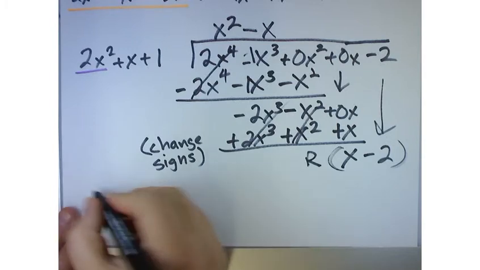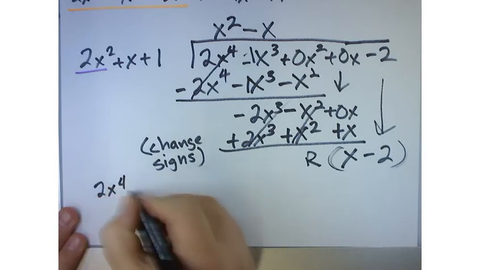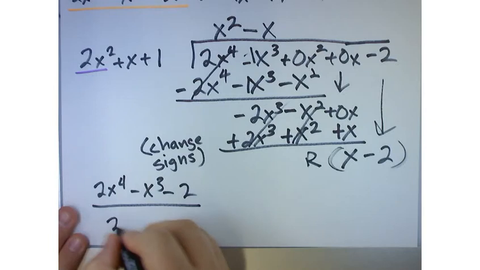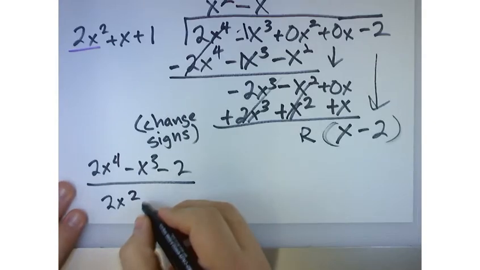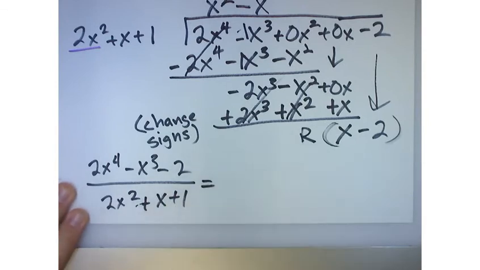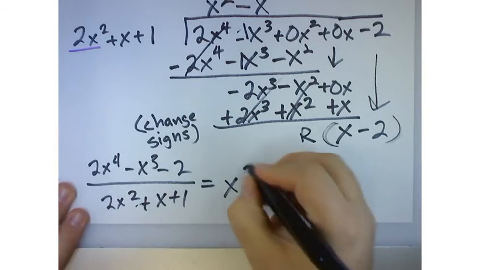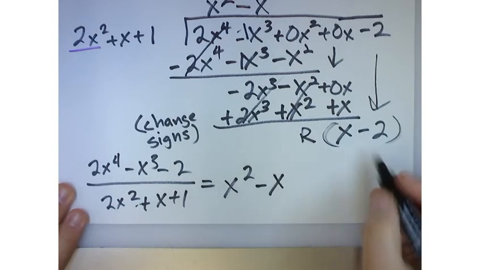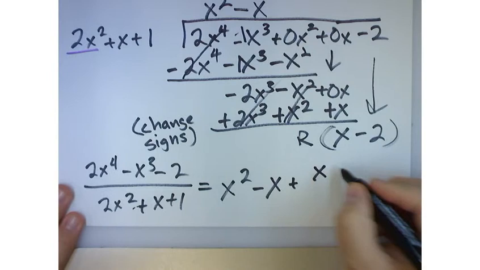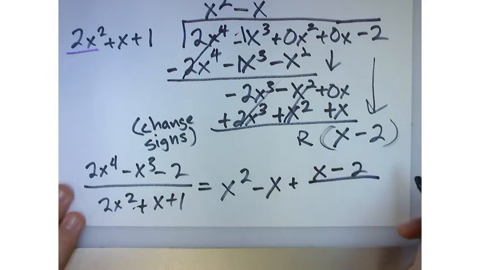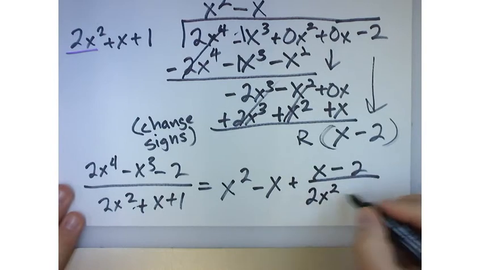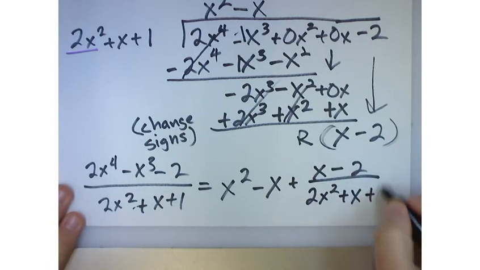Well, I could say that 2x to the fourth minus x cubed minus 2 divided by 2x squared plus x plus 1 is equal to x squared minus x. Now what do I do with the remainder? Put it on top of the divisor, which in this case is 2x squared plus x plus 1.